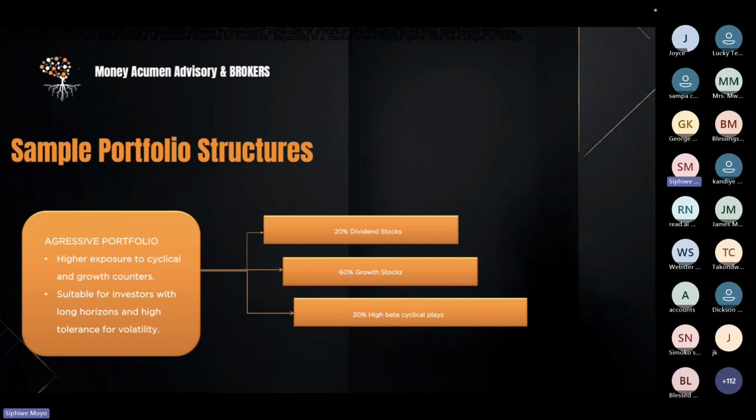So the composition of this will be 20% dividend stocks, because here the focus really is not so much income, but it's more heavy on growth. So it will have a bigger chunk allocated to growth stocks, and 20% high beta plays.